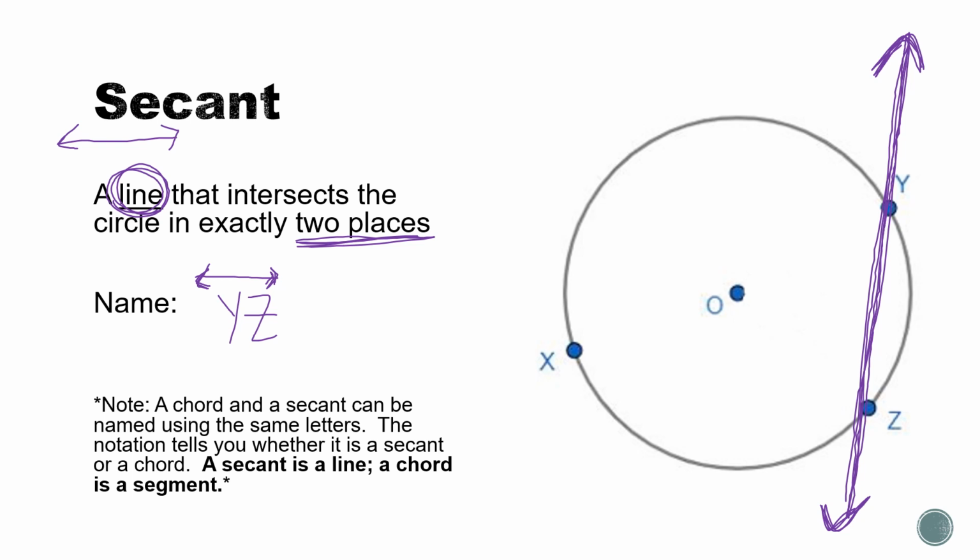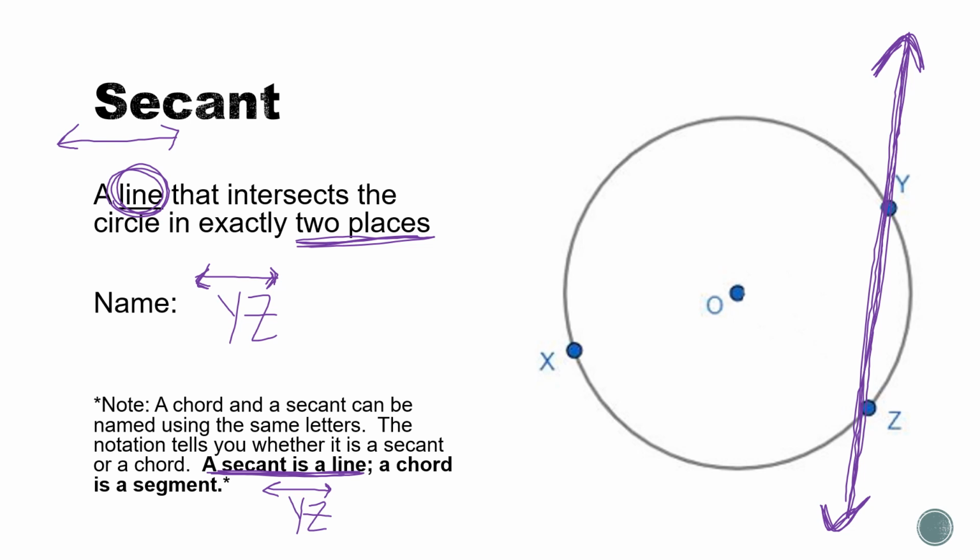It says a chord and a secant can be named using the same letters. The notation, which is the drawing above your letters, tells you whether it is a secant or a chord. Remember, a secant is a line. That's exactly what we just listed, the Y, Z with a line above it.